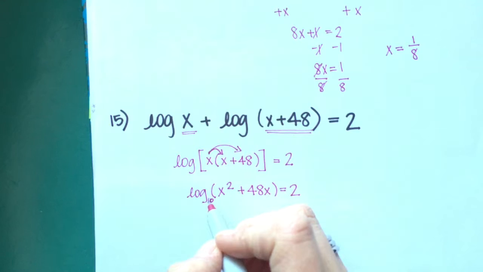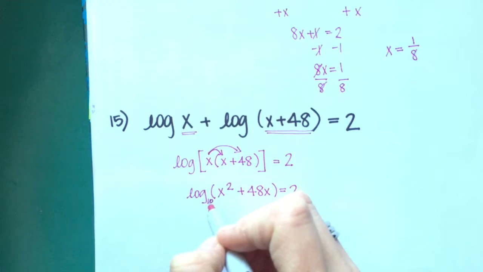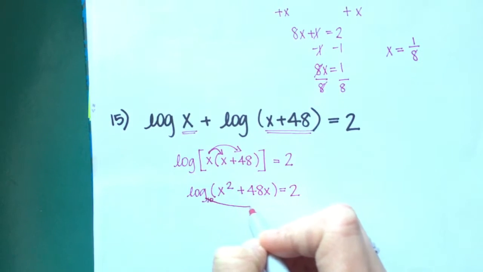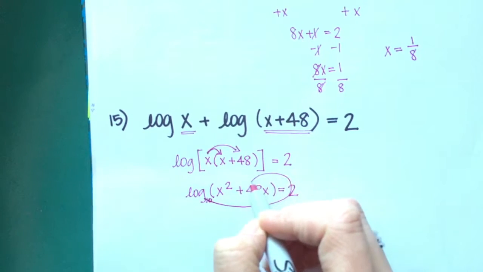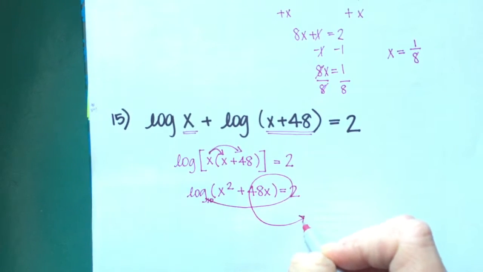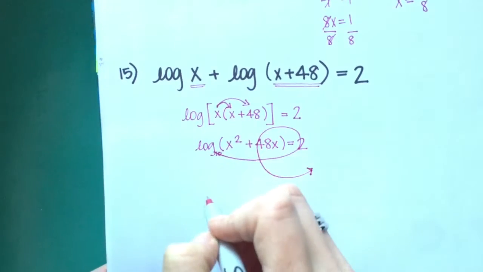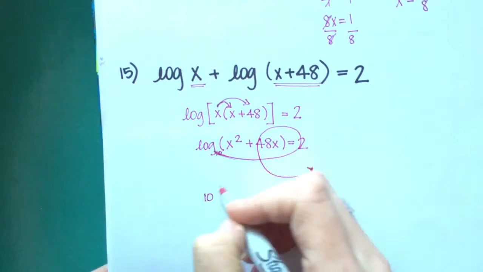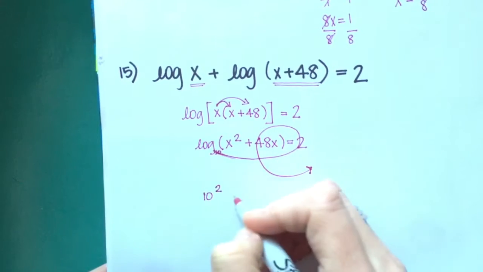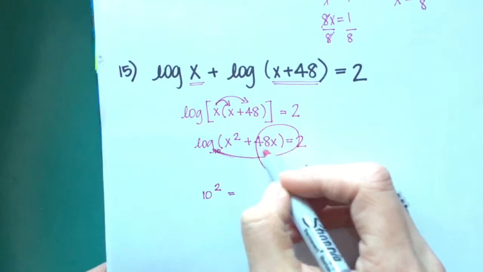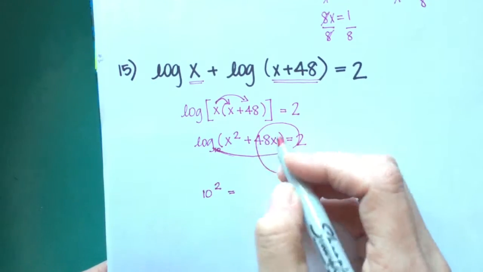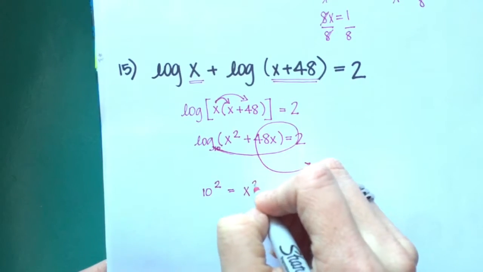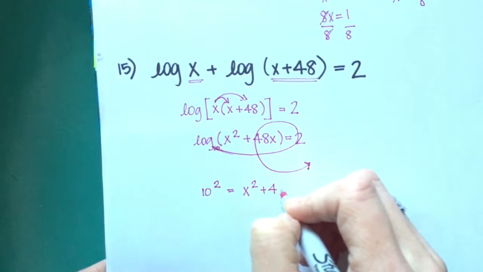You start with the 10, go around through the 2, and through to make your e. So the base is 10, the exponent is 2, so you get 10 to the second equals, and instead of a number this time, it's going to equal all of this: x to the second plus 48x.